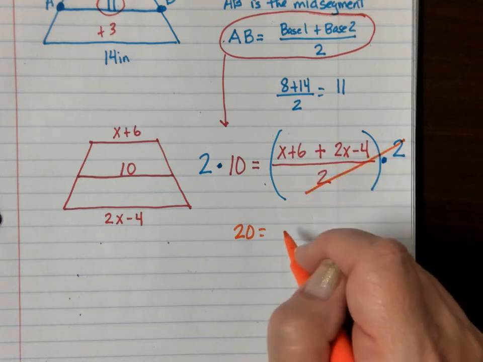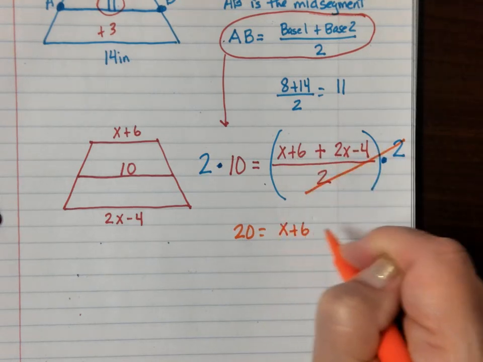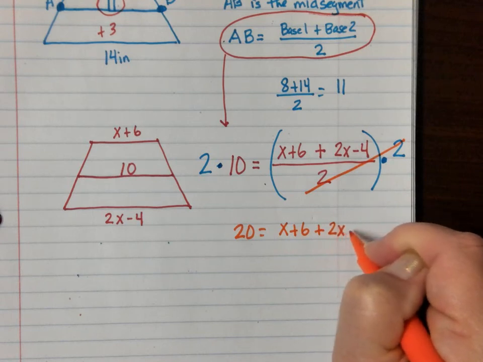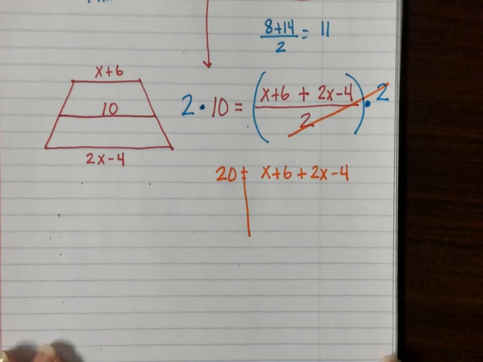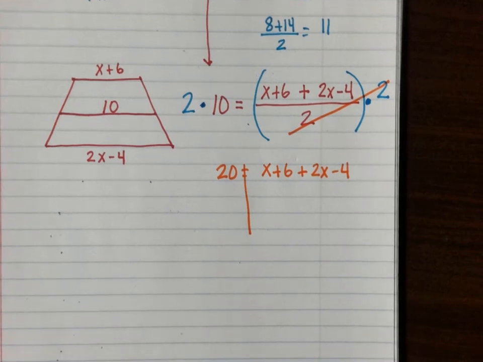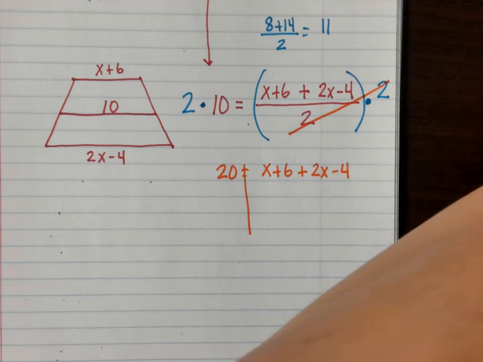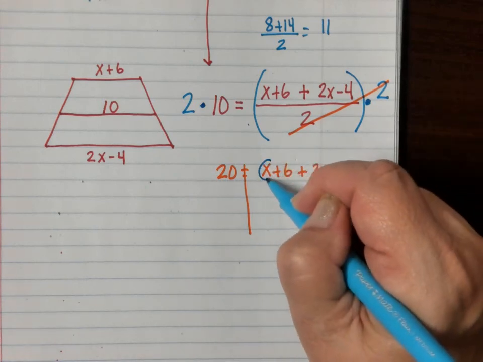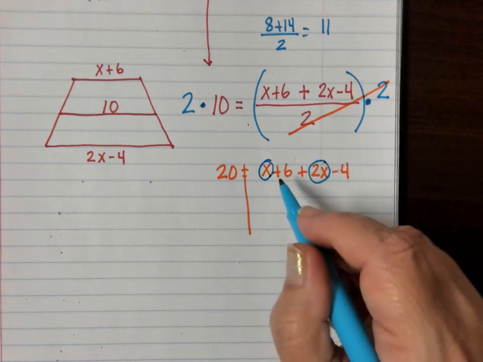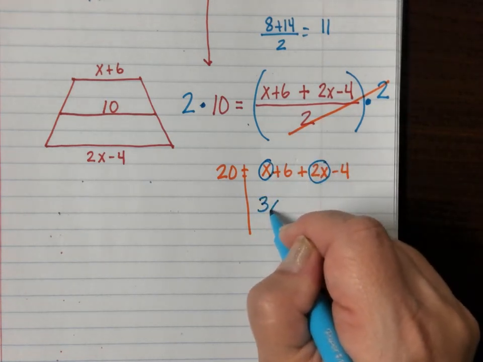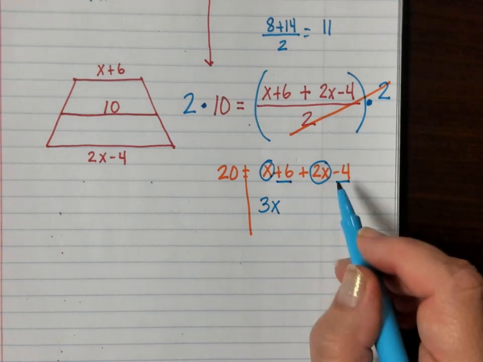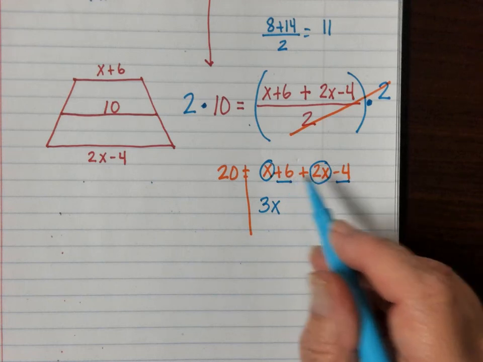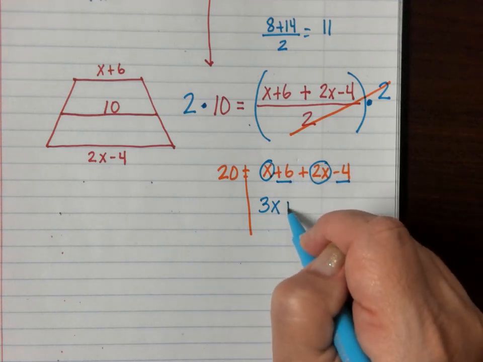Alright, so now we bring everything else down here. x plus 6 plus 2x minus 4. Alright, now we're going to combine our like terms. We're going to put the x's with the x's. x plus 2x is 3x. We're going to put the numbers with the numbers. Plus 6 minus 4. So 6 minus 4 is 2.